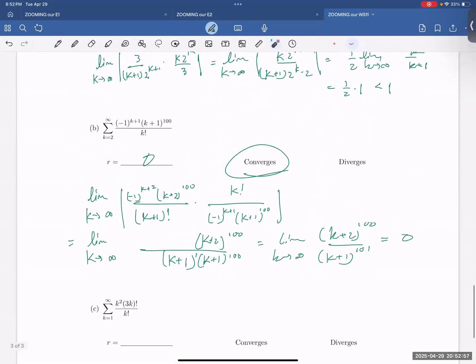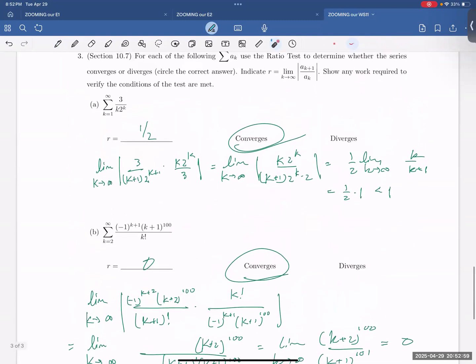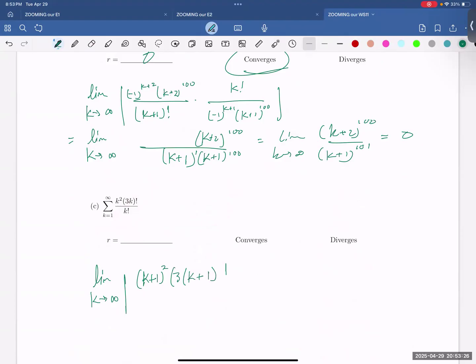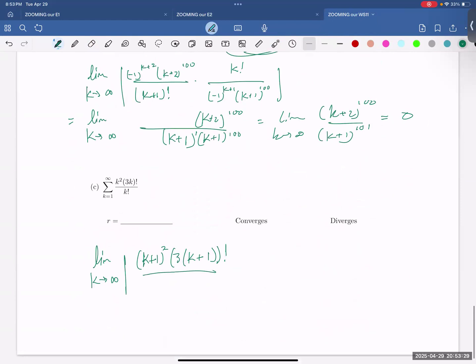So, okay, ratio test: anytime you have a mix of geometric, like 2 to the k, and p-series, you're doing the ratio test. Factorials, ratio test. Factorials, ratio test. So limit as k goes to infinity of k plus 1 squared, 3 times k plus 1 factorial, over k plus 1 factorial times the reciprocal.